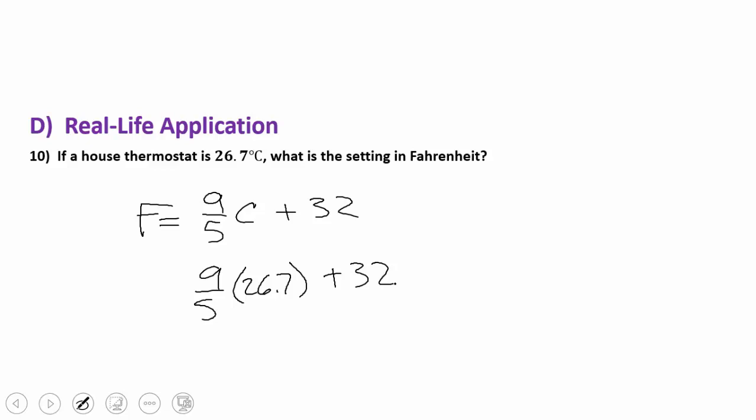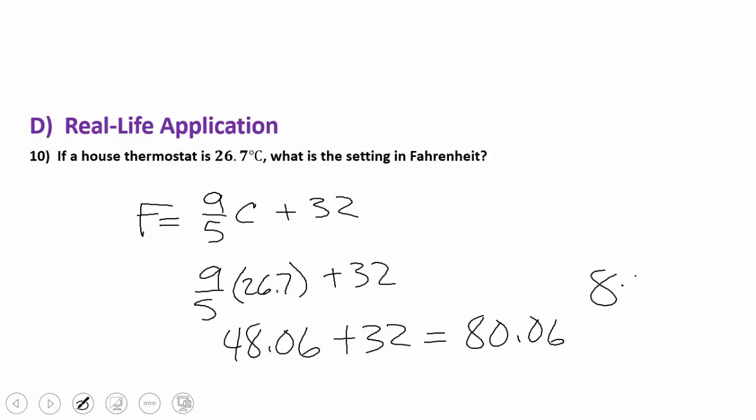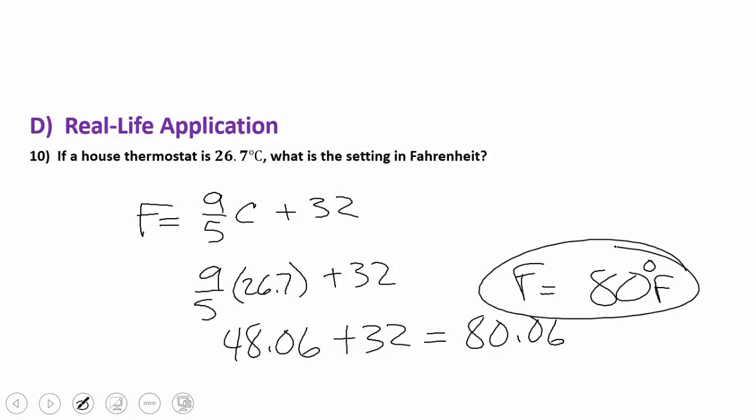Well, it just so happens, using my trusty rusty calculator, that 9/5 times 26.7 does give me 48.06 degrees, plus the 32 gives me basically 80.06. I'm just going to round that up and say 80 degrees Fahrenheit. Or the temperature is equal to 80 degrees Fahrenheit.